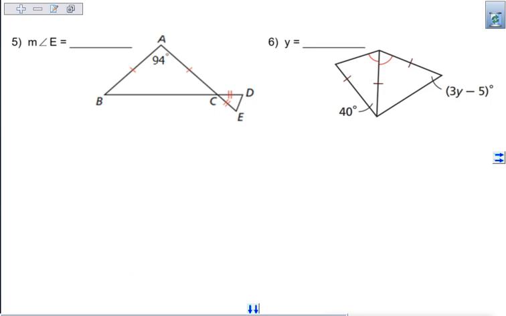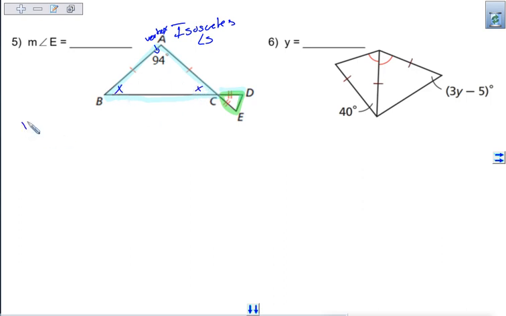Our next one, we have two triangles, and both of these triangles are isosceles triangles. And we have a degree sign, so we are dealing with angles. And this is our vertex angle. So we need to find our base angles. Remember, our base angles are congruent.